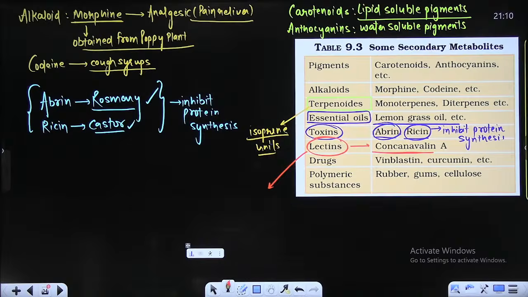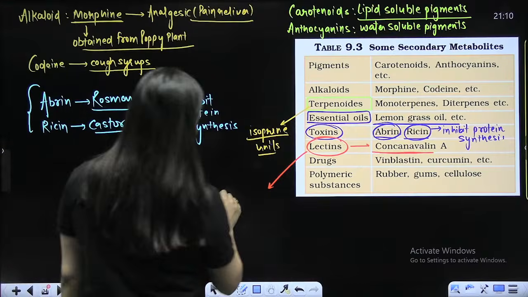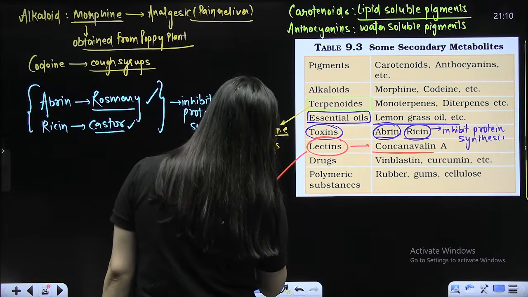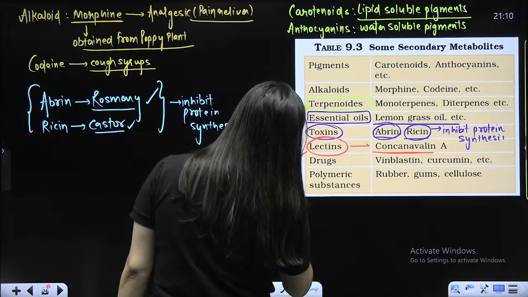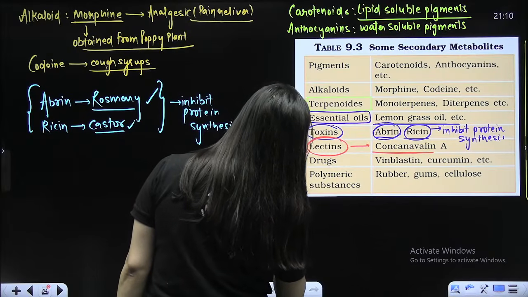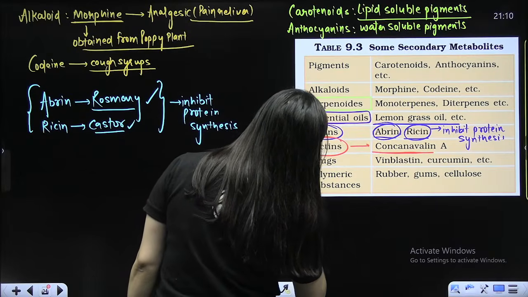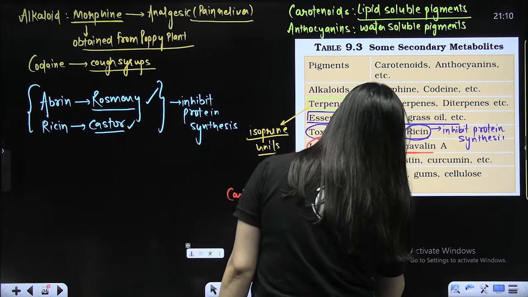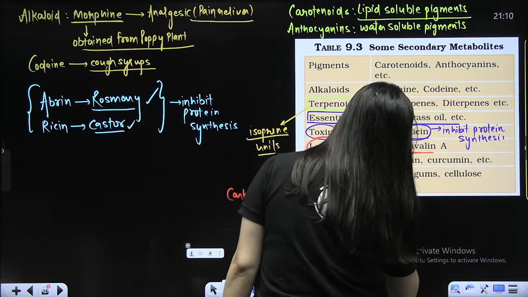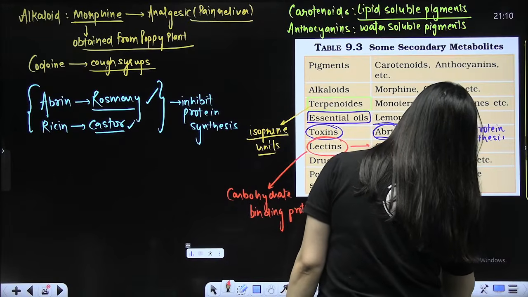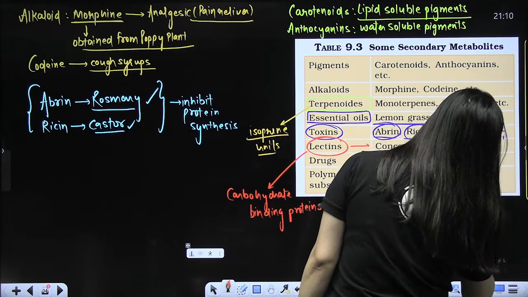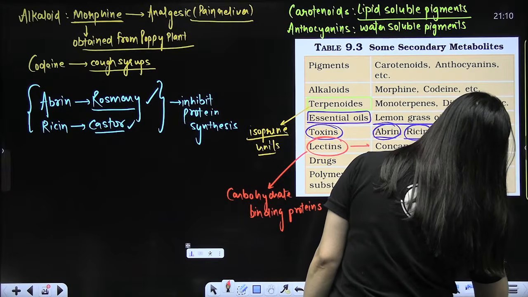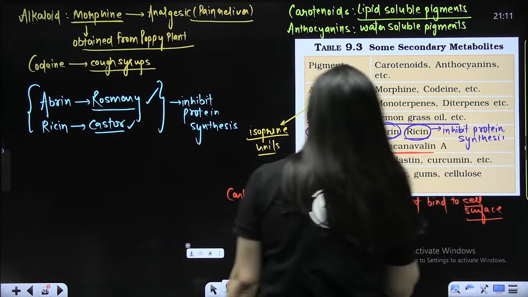They are carbohydrate binding proteins or glycoproteins that bind to the cell surface. They have different roles, sometimes in recognition also, but that much is sufficient.